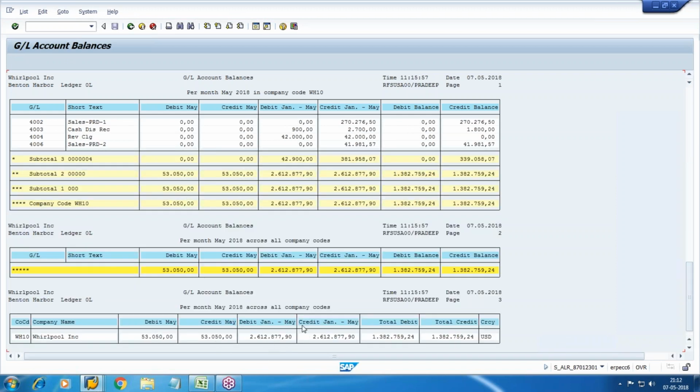Total debit 2612.877, total credit 2612.877. So it is balanced, total debit and total credit. This is Jan to May, this is the total.